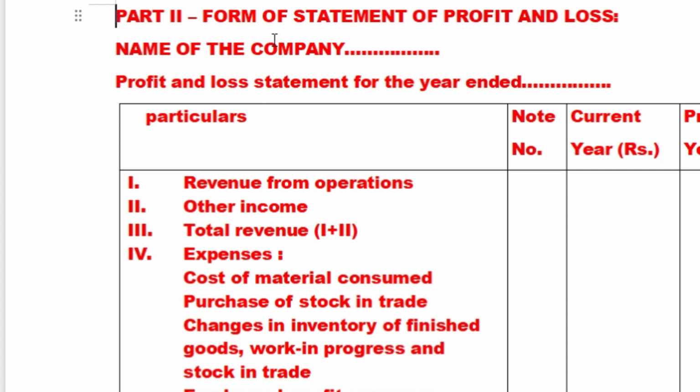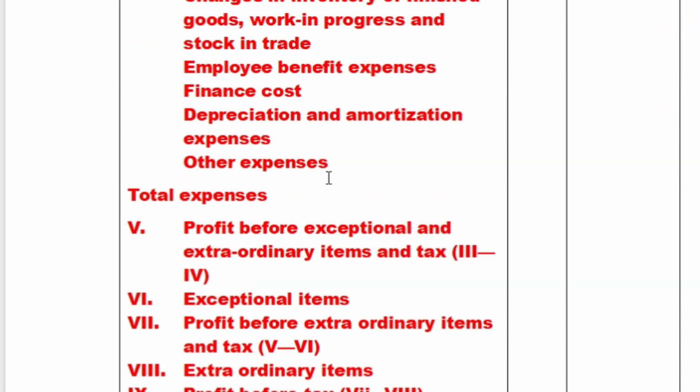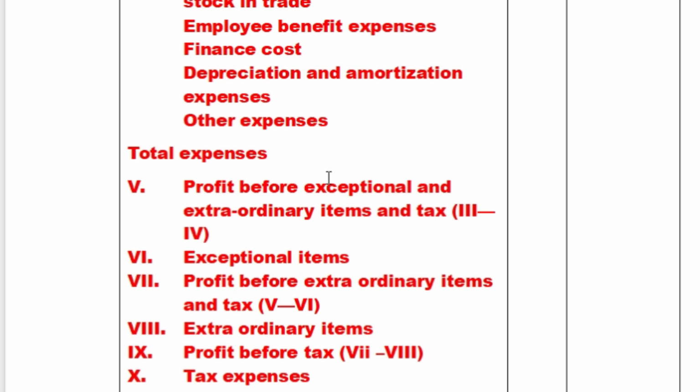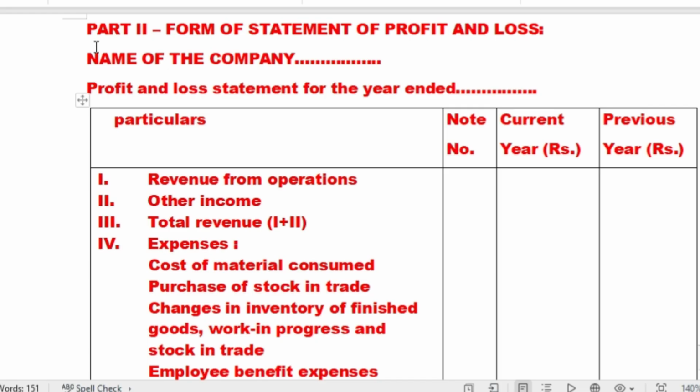Schedule 3, Part 2, form of statement of profit and loss. So this is the statement of profit and loss format used. This is the Part 2 form of statement of profit and loss, with the name of the company and the profit and loss statement for the year ended.